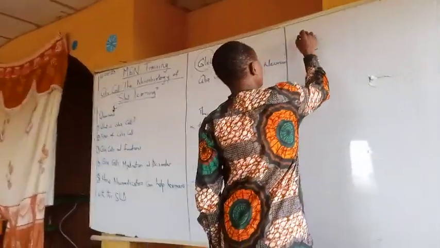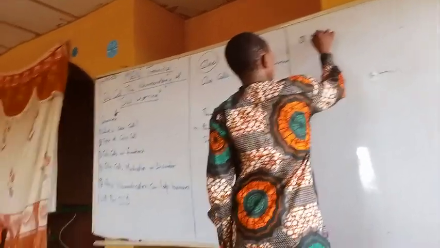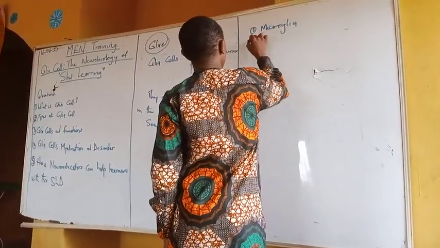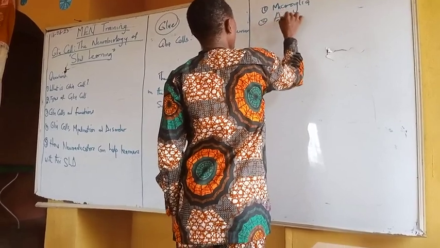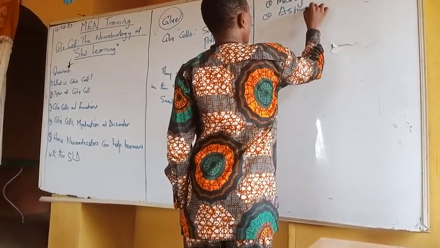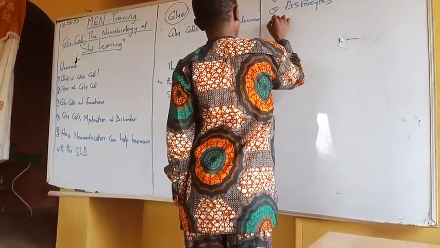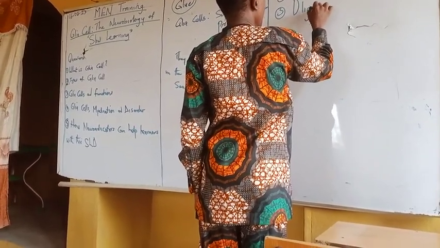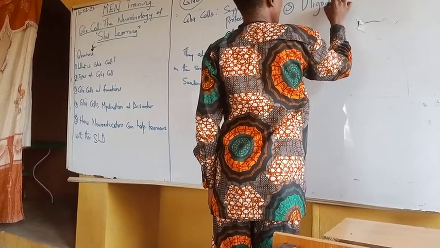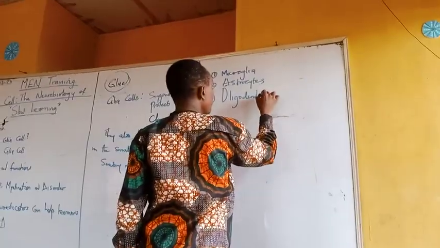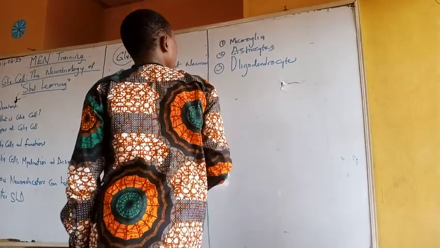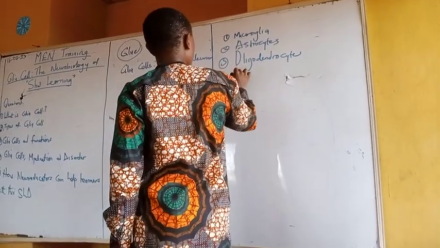So the next thing is the types of glial cells. One, we have the microglia. Two, there's something called astrocytes. Three, we have the oligodendrocytes. Four, the neuroglia.